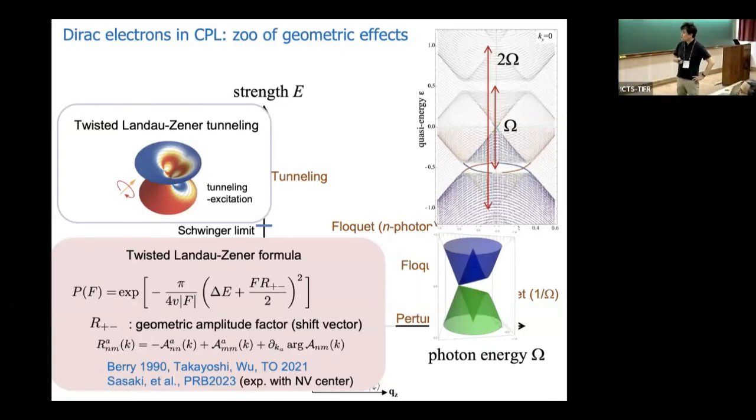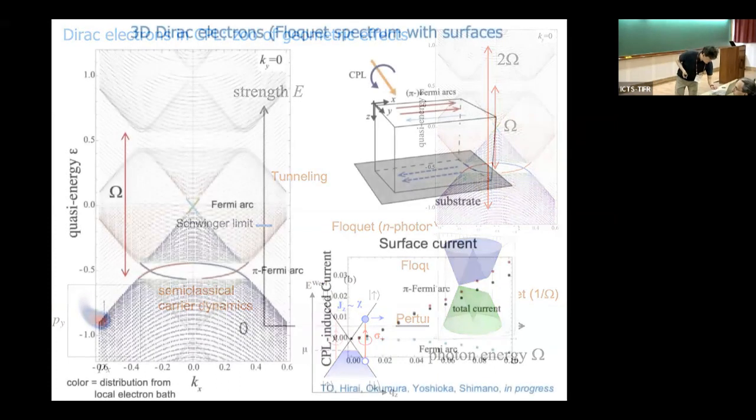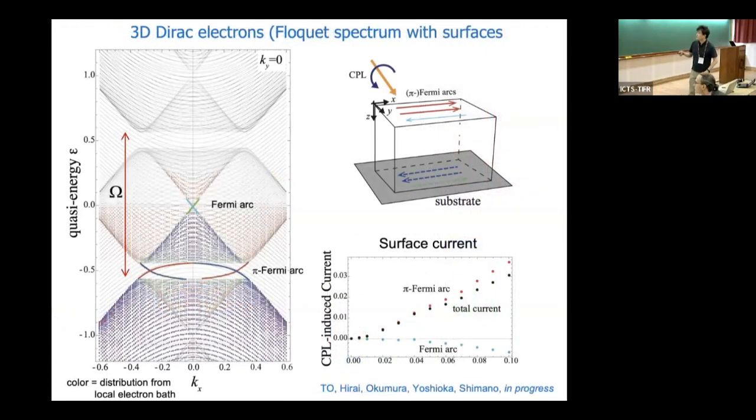As you know very well, distinguishing between Floquet physics against distribution physics or other mechanisms of photocurrents is always very difficult.